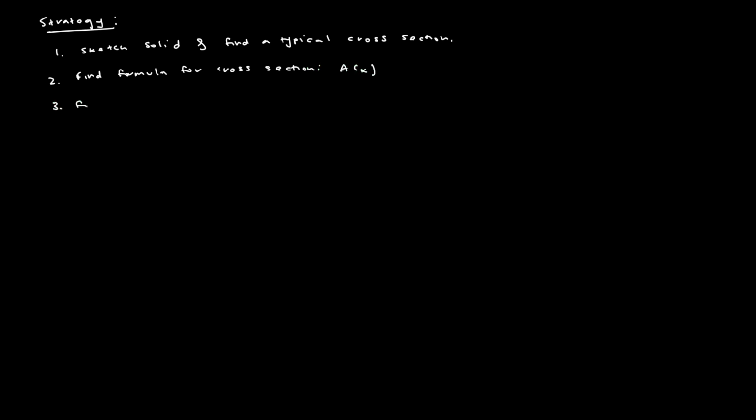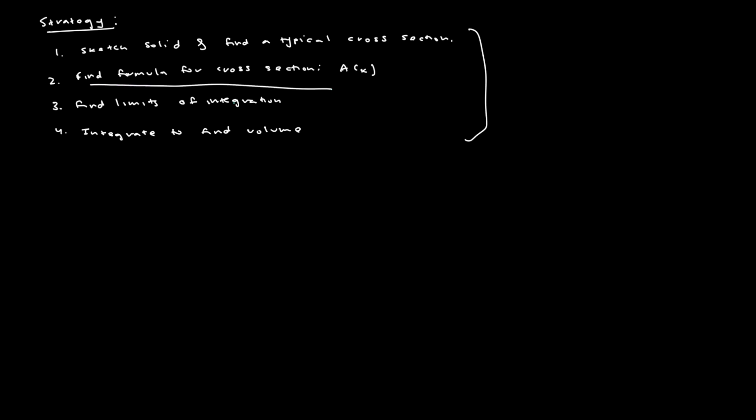Find the limits of integration, and then integrate. So this is our general strategy, and the bulk of the challenge is finding the formula and the limits. Once you know how to do that, the problem becomes pretty simple, since we already know how to integrate various different integrals.